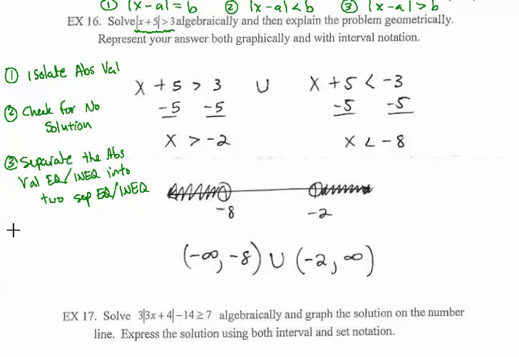Okay. Step 4, solve each equation or inequality.